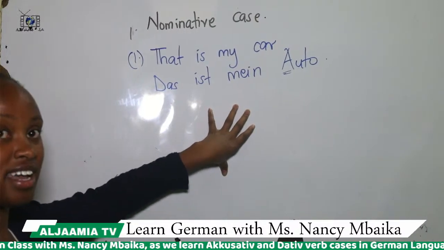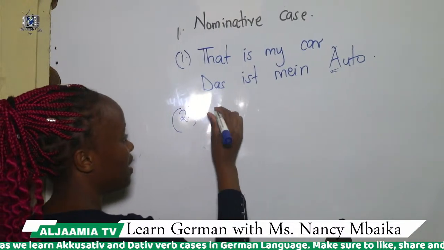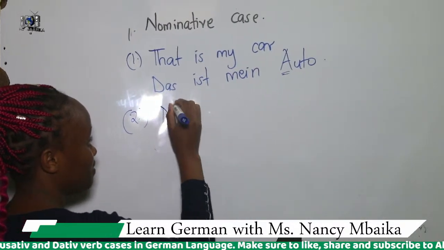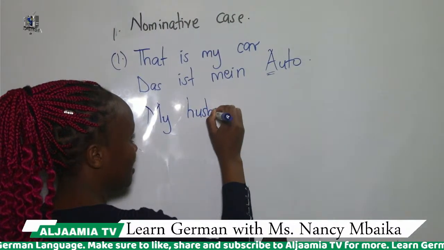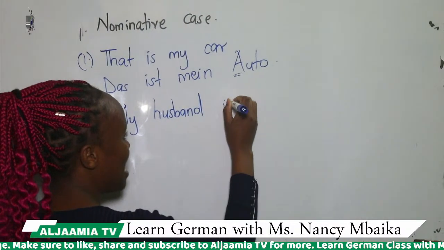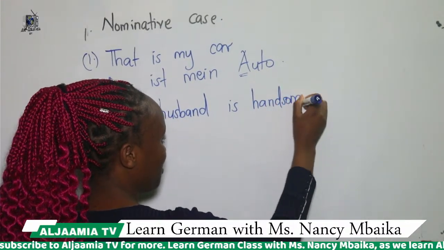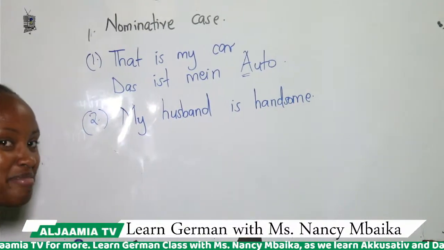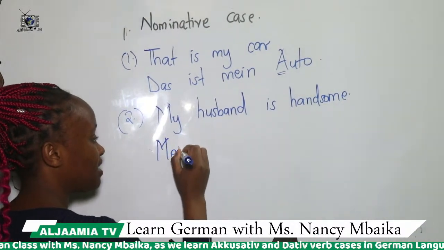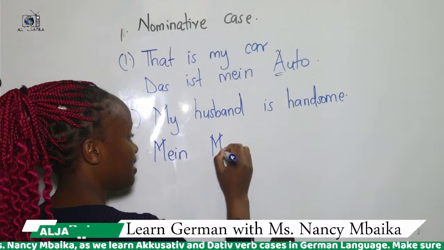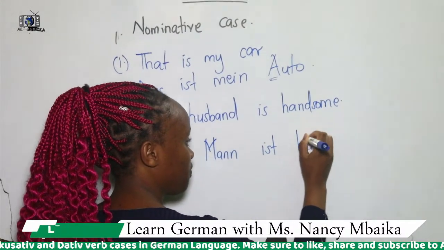Let me now use a case whereby we're going to start with the subject. So the second sentence I'm going to say, my husband is handsome. How am I going to say my husband is handsome? I'm going to say mein Mann ist hübsch.